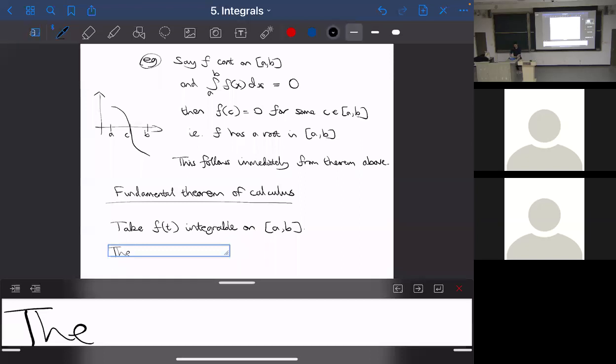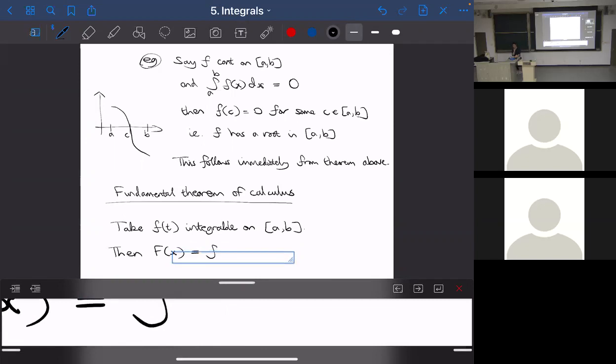And then I can use definite integration to make a new function. Let's call it F of x. And what I'm going to do here is a definite integral of f(t), but where the upper limit depends on x.